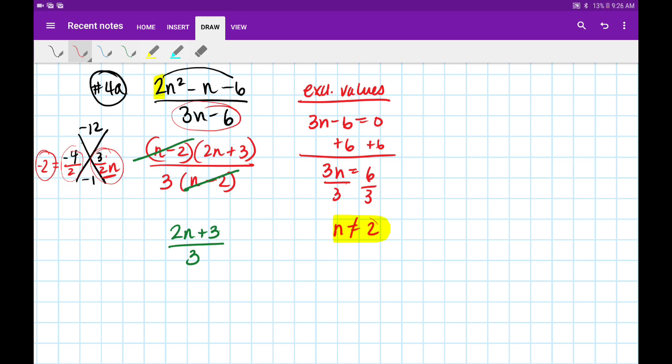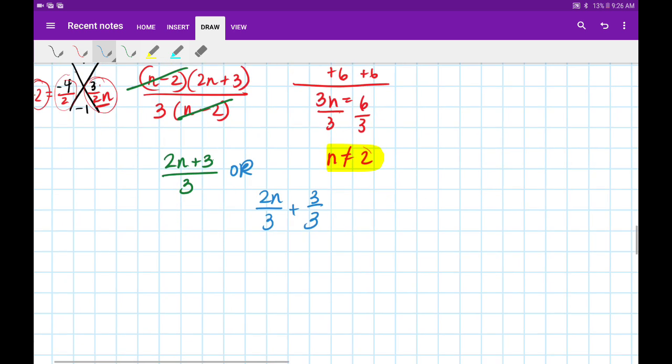Another way we could write this, and I just want to show you multiple ways because it's important for testing and just to remind ourselves what we can really do with our math. We could split this up as 2n over 3 plus 3 over 3.